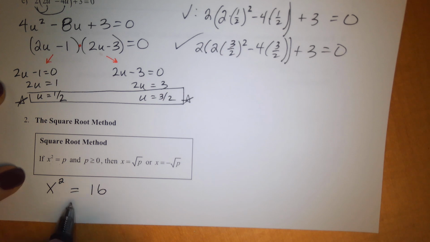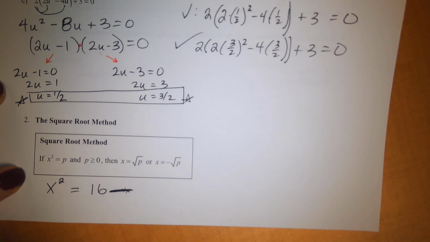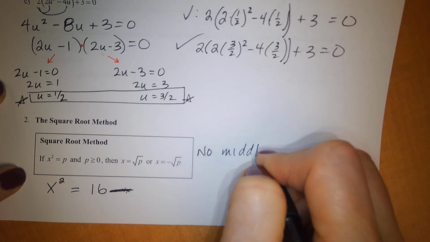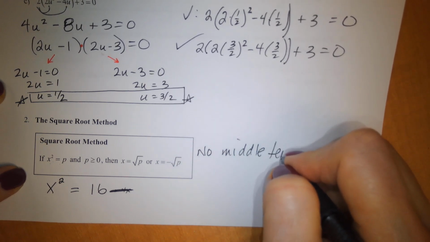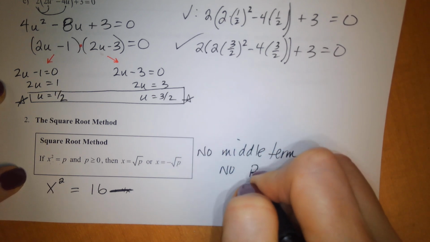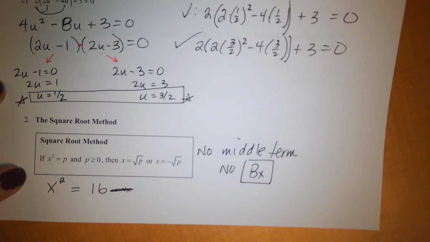There's no plus 4x or some other middle term in there. If there's no middle term, the square root method is the easiest to use. So in other words, there's no bx term.